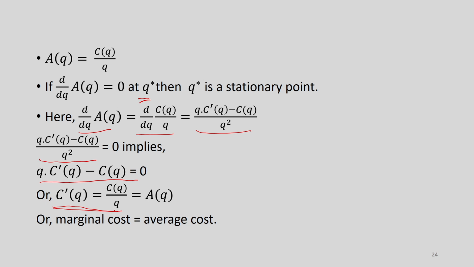That will give me C prime q is equal to C(q) divided by q. And what is C(q) divided by q? It is the average cost. So, marginal cost is equal to average cost. This is what we are getting from the condition that the first derivative of the average cost function is equal to 0.